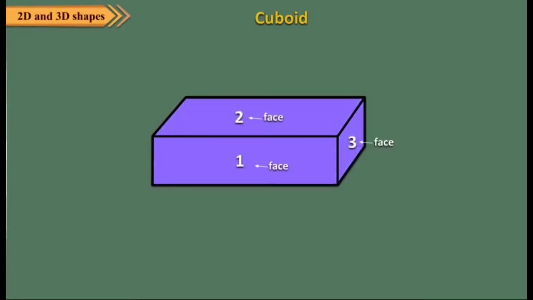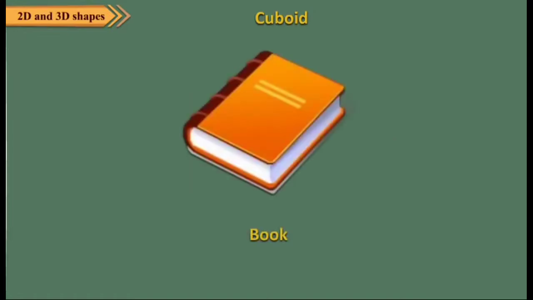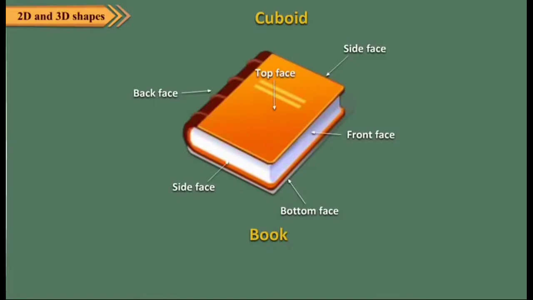In the given figure, 3 faces are visible and 3 are hidden. Count the faces of your book. It has 6 faces: 1 front face, 1 back face, 1 top face, 1 bottom face, and 2 side faces.